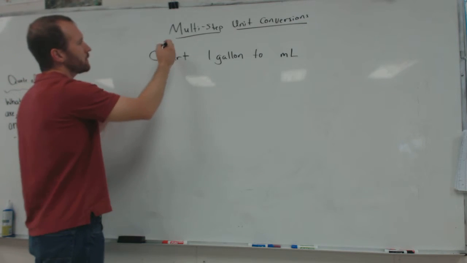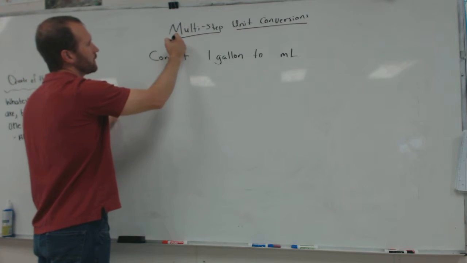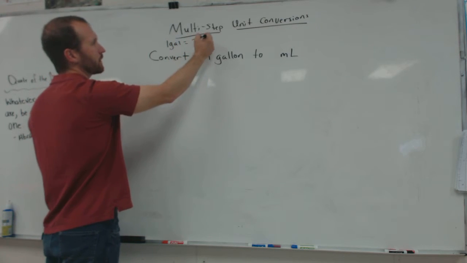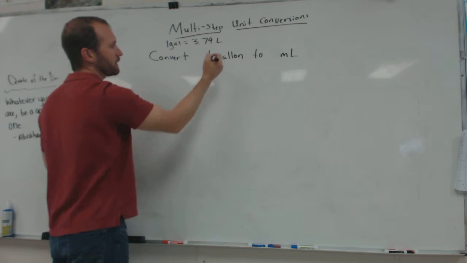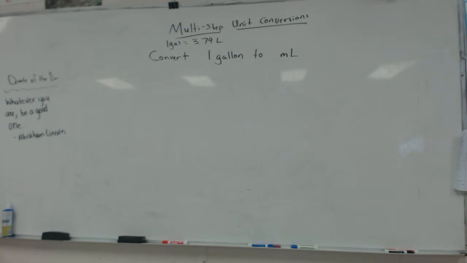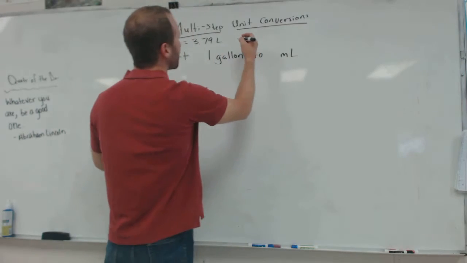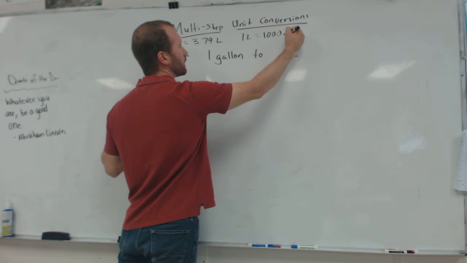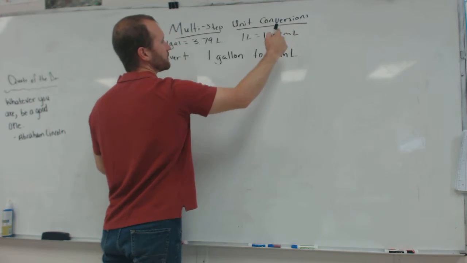And let's say two of the things you have, 1 gallon equals, let me get this wrong, 3.79 liters. That's correct. And someone also tells you 1 liter equals 1,000. What does ml stand for? Milliliters.